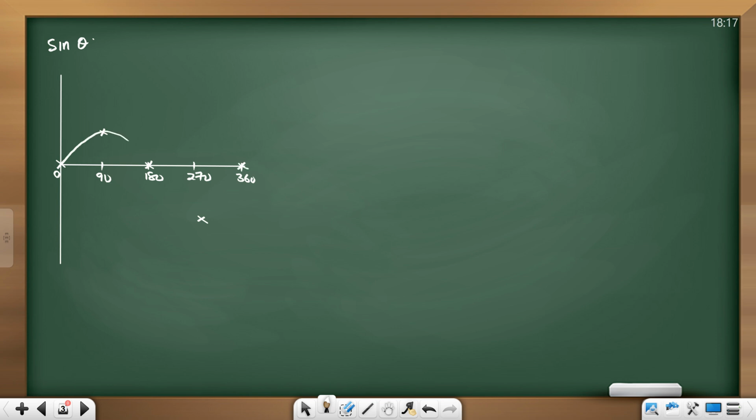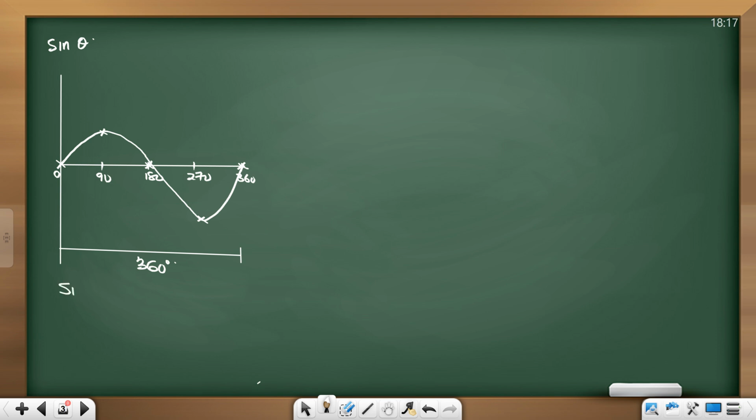Now, that's our sine graph. Please watch this. This is one full cycle. And this is what? 360 degrees. How many graphs do we have here? 1.